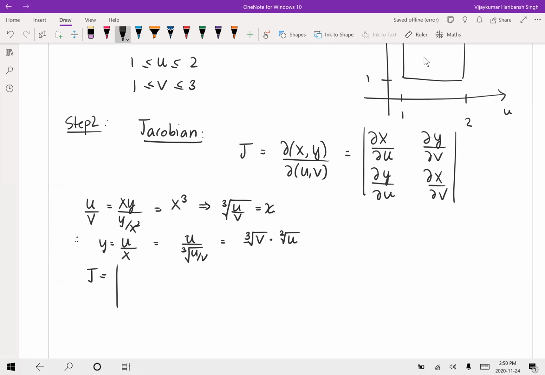So you have the cube root, and the derivative of the cube root is 1 by 3 times u by v to the power minus 2 by 3, multiplied by the derivative of the inside with respect to u, which is going to be 1 by v.